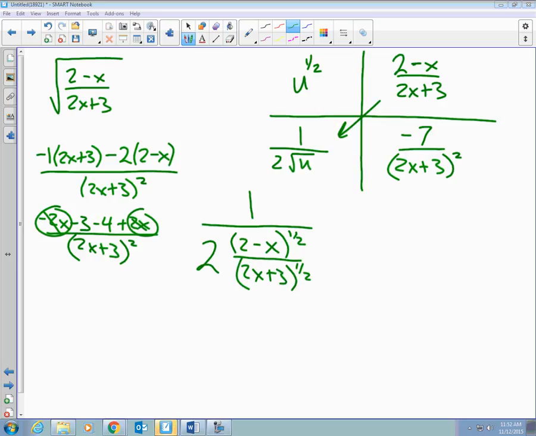If I take the square root of the whole thing, that's the same as the square root of the top over the square root of the bottom. I will include this piece in a second. Times negative 7 over 2x plus 3 quantity squared.